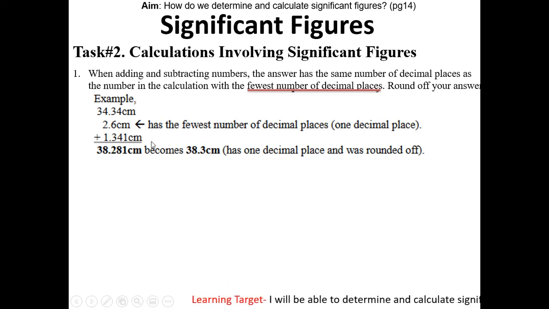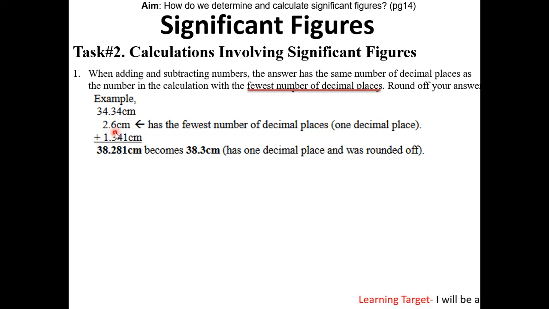So when you're adding, the significant figures of your final answer depends on your decimal place, okay? So here we have 34.34 plus 2.6 plus 1.341. That gives you this on the calculator. But we want to put the final answer with the smallest amount of decimal places, which is based off your numbers you're adding with.